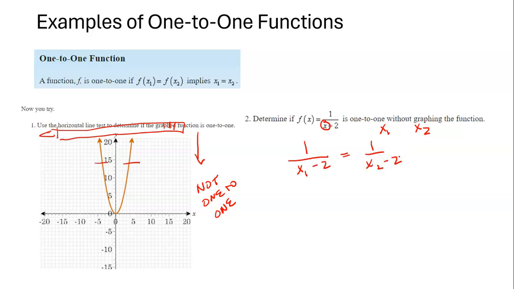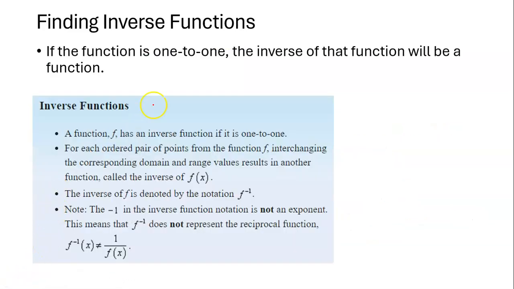And we're going to solve for those. So because they are both 1 over, I can say x1 is equal to x2. That is a one-to-one.